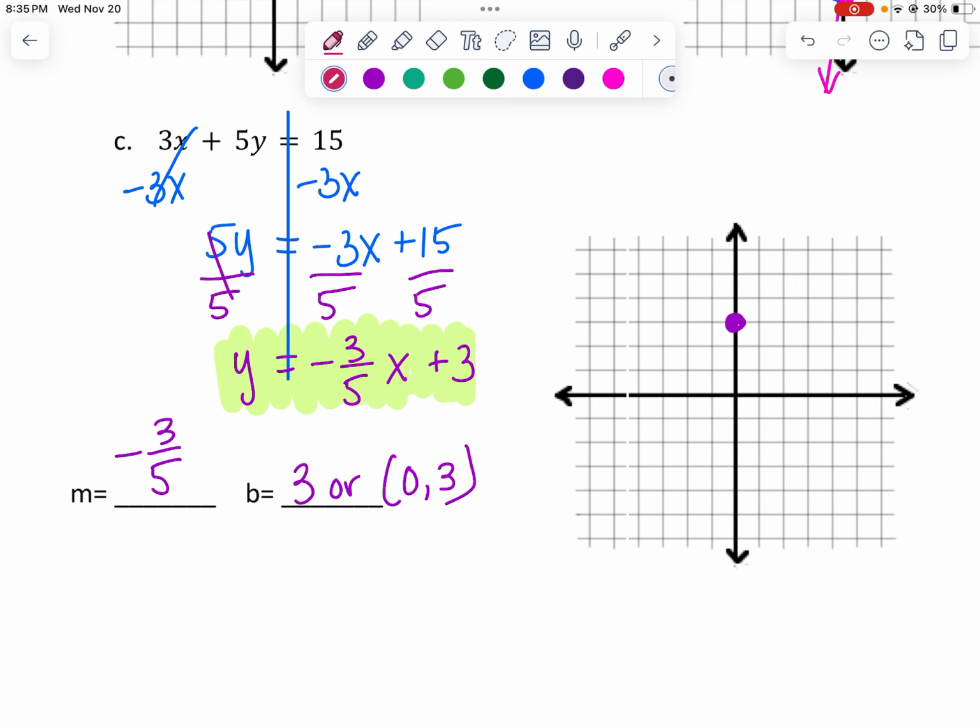So that means I'm going to go down 3 to the right 5. Because it's negative, I'm going to go down instead of up. So I'm going to go down 1, 2, 3. And then I'm going to go right 5. So 1, 2, 3, 4, 5. And there's my second point. So I can go ahead and draw my line, and we are good to go.